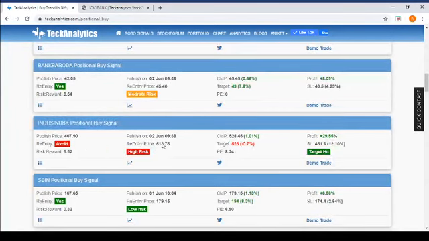So if we want to understand this example, the publish price was 407 from the software on 2nd June at 9:38 a.m. CMP is 528, which is the Friday closing price. There was a rise of 1% on Thursday, Friday.